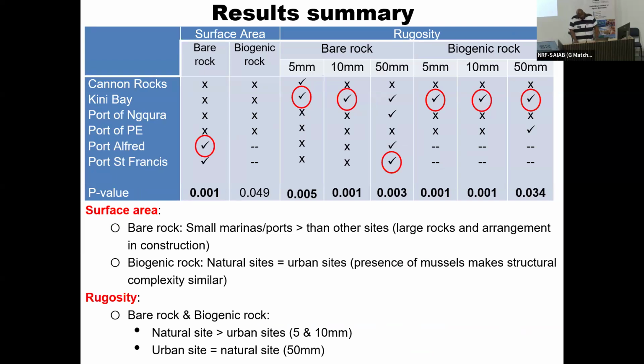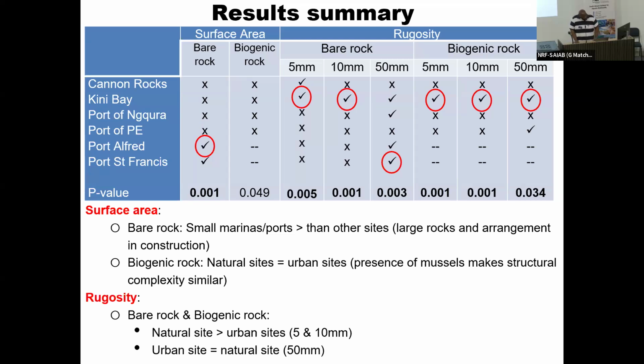What you need to know are 2 things. One, the ticks represent sites that are within the same post hoc grouping. Two, the red circles represent a site that has the highest surface area or rugosity. Looking at the surface area first, for the bare rock, the small marinas and ports had higher surface area than the other sites, and this was mainly due to the large rocks and the arrangement in how the sites were constructed.